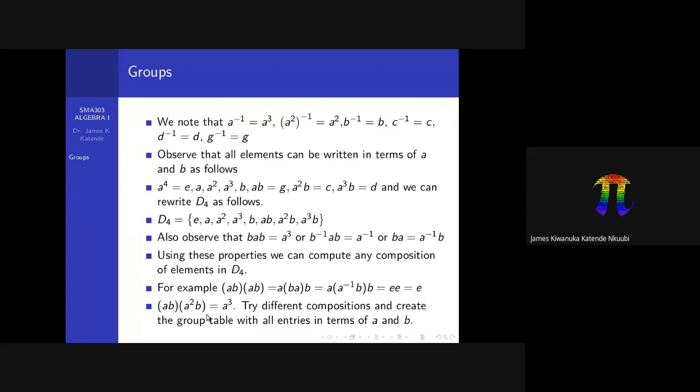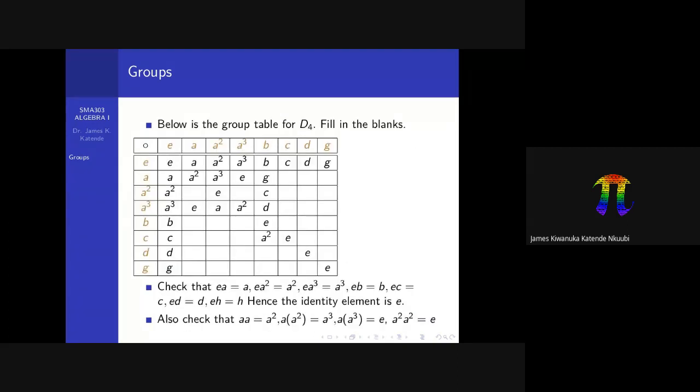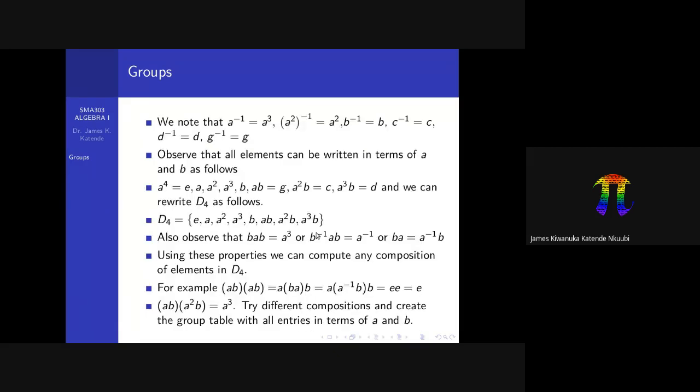You can try this on your own in your free time, and rewrite this table in the new form. Instead of G, you should replace G with AB, C with A squared B, and D with A cubed B. So you can redo this table with the elements of D4 renamed like this, and try to fill up the whole table in that form.